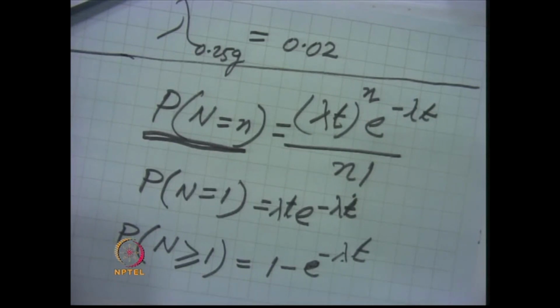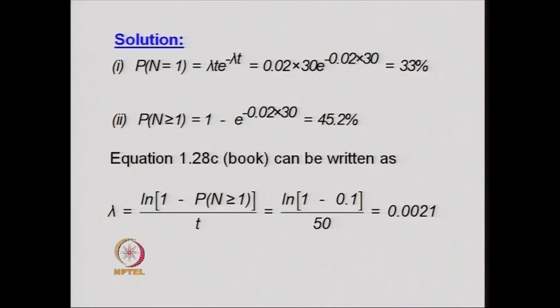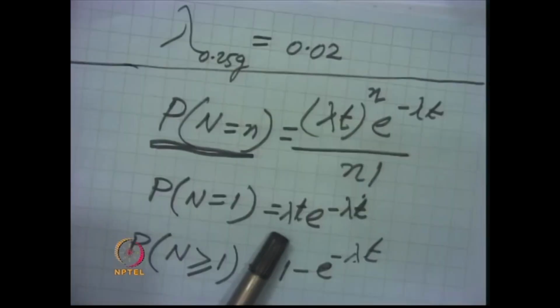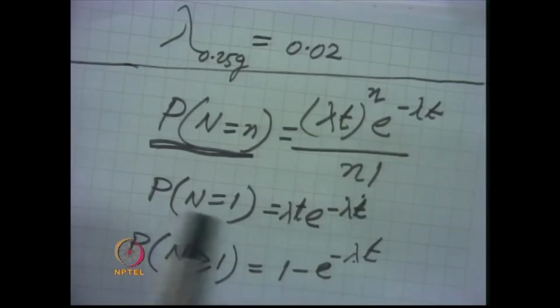So the answer to the first is the probability of occurrence of only one event, such event is given by the equation that we have written. This is the equation, probability of occurrence of only one event, and we put the appropriate value. The value of lambda is given as 0.02.